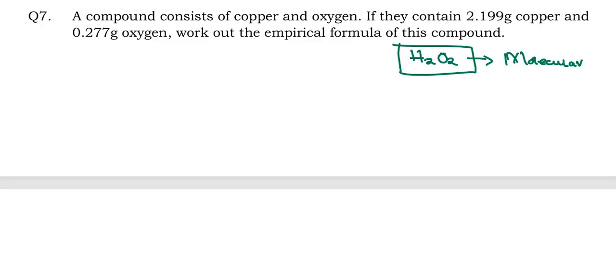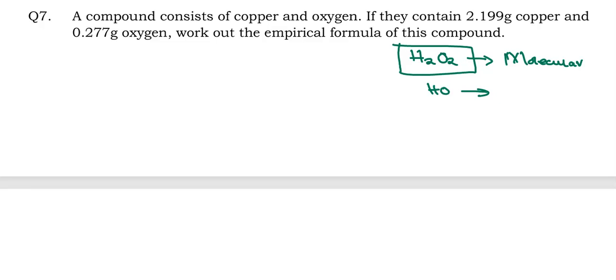Now, as you can see, 2 here is common to all elements. So if we factor out, we can remove 2 and we remain with HO. So this is also hydrogen peroxide, but in its simplest form.